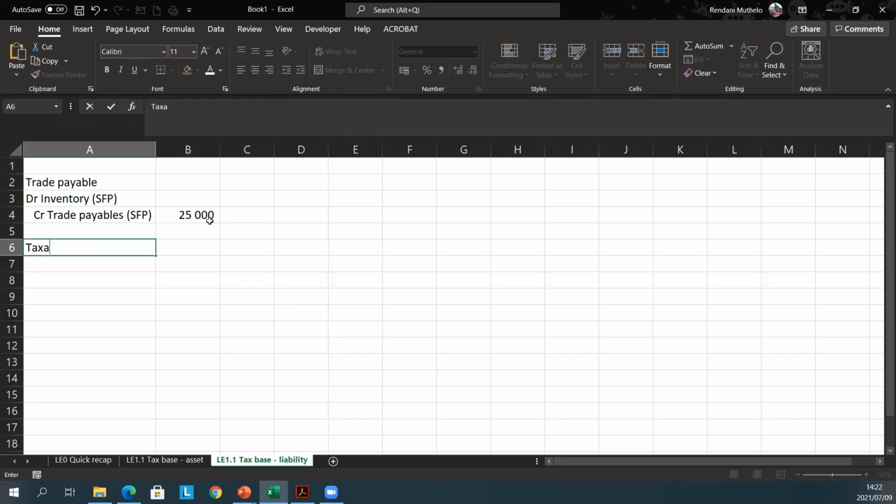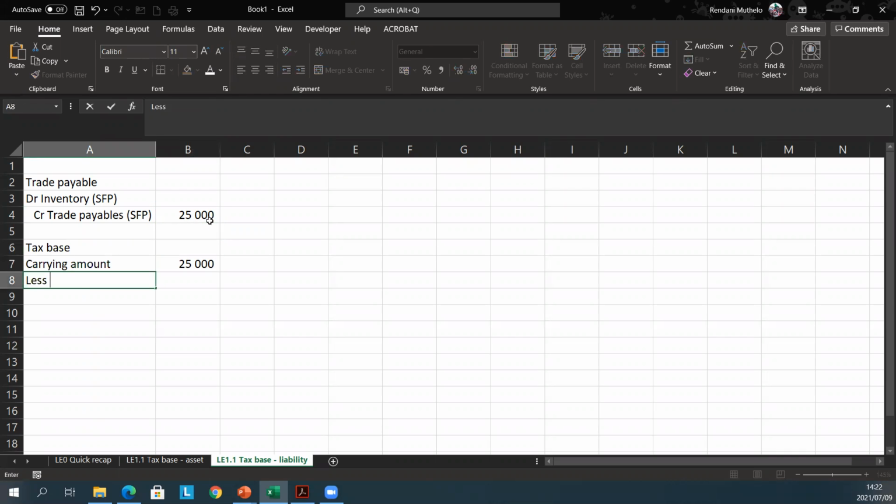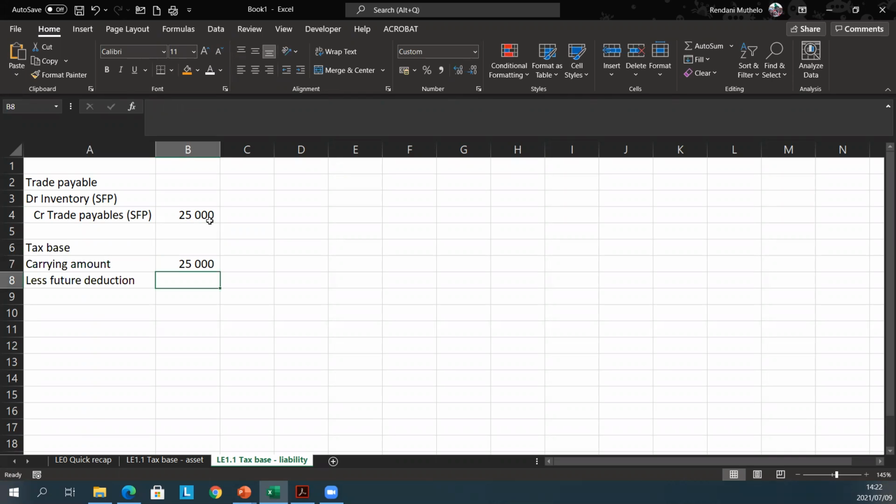The tax base of a liability is the carrying amount of the liability, 25,000, minus future deductions. So what will be allowed as a future deduction? It will be zero. Because when we got the invoice, we were allowed to deduct the amount.